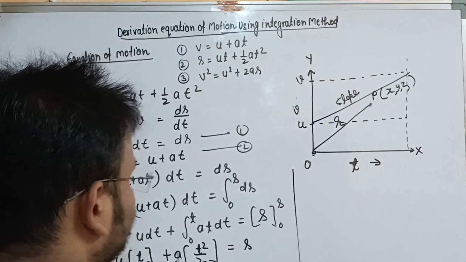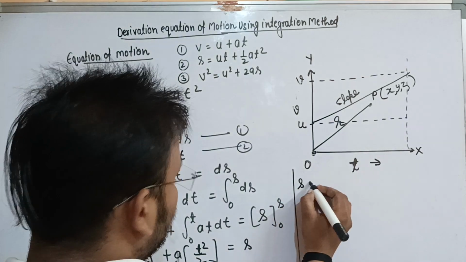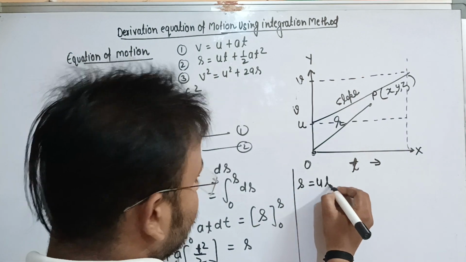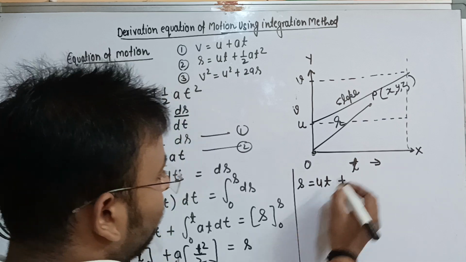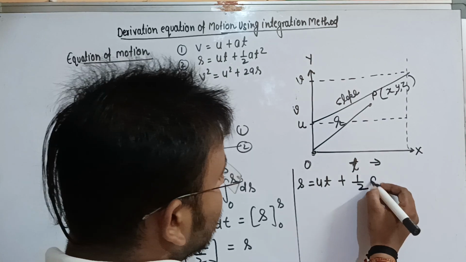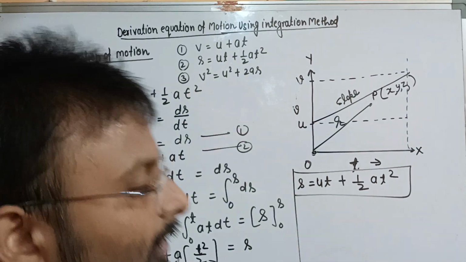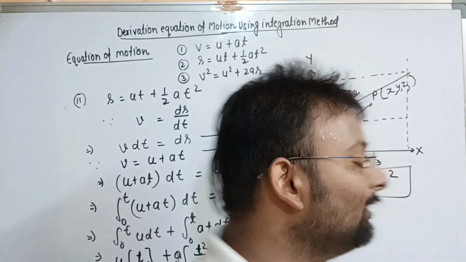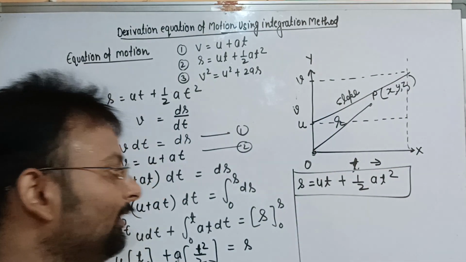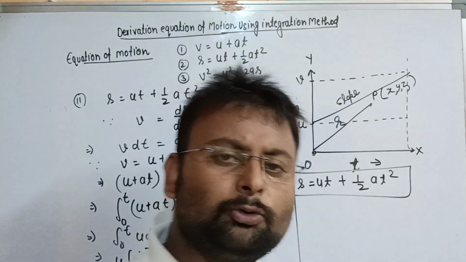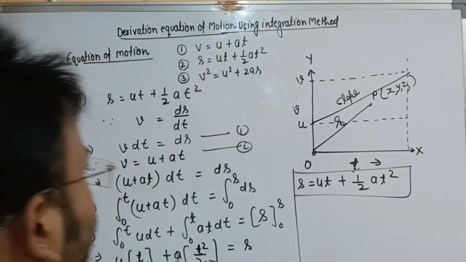Then s is equal to ut plus half at square. This is the second equation of motion, the distance gone.